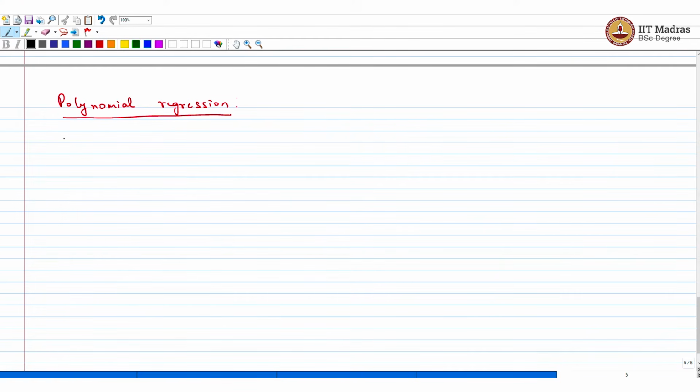So, consider one dimensional data. You have a data set again (xi, yi), i equals 1 to n, where xi, yi both belong to R for all i.